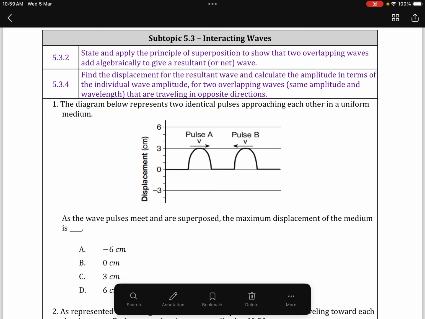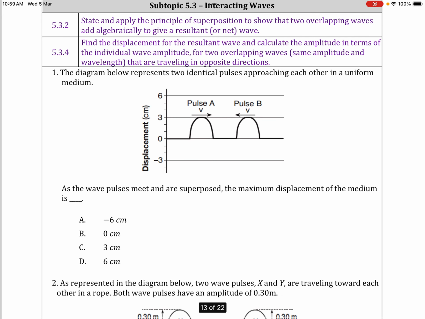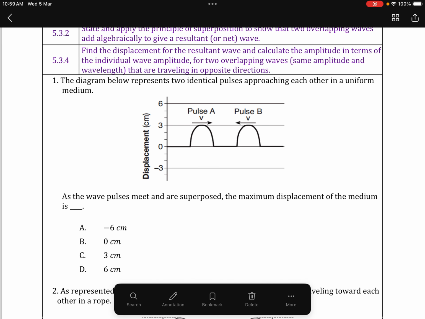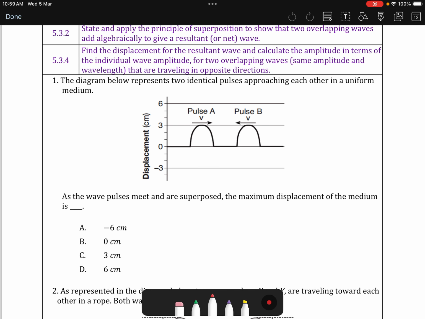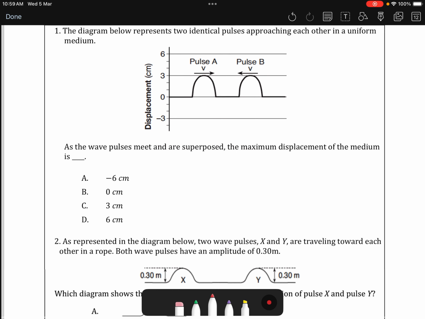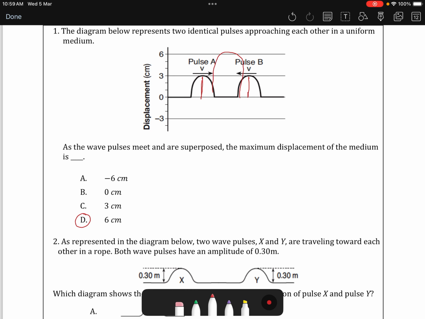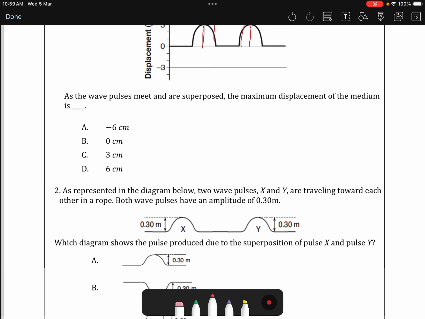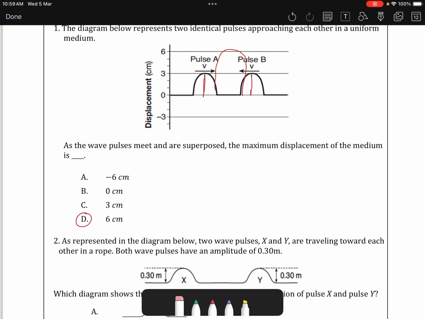So we will have constructive interference, and we will add the amplitudes. 3 plus 3. The result of this interference will be 6 centimeters. So the answer is D. We just add them, okay?